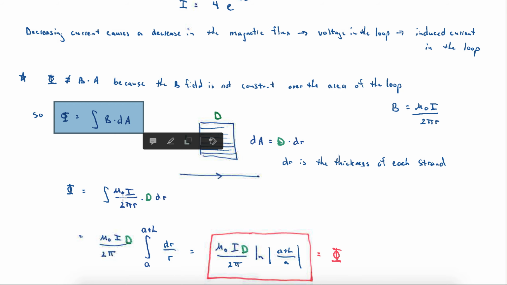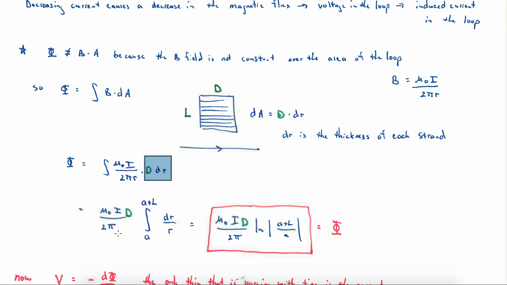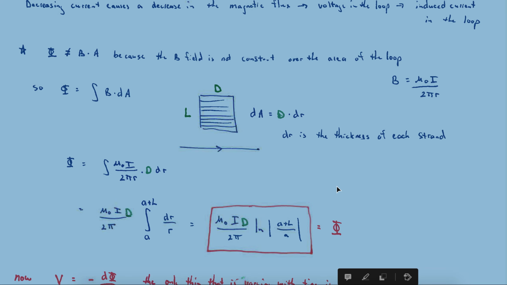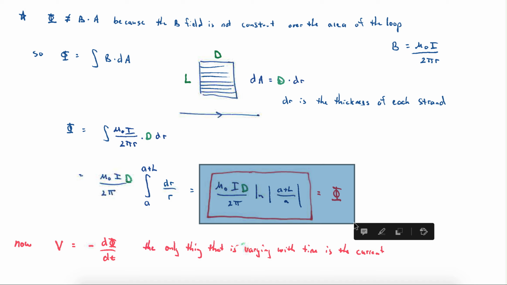So we know the strength of the B field is mu naught I over 2 pi r from Ampere's law. We know dA, the area of each strip, is just capital D times dr. We do that integral, we get a logarithm, and then we get the natural log of a plus L minus the natural log of a, which we know that the subtraction of logarithms is the division of the arguments. Okay, so this is the flux going through our loop.